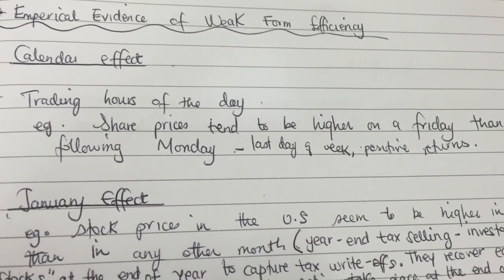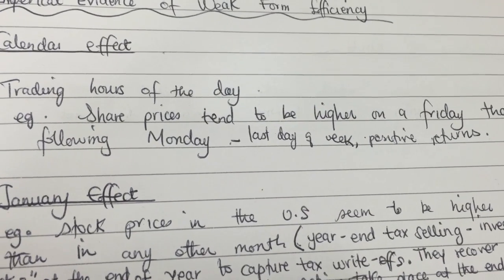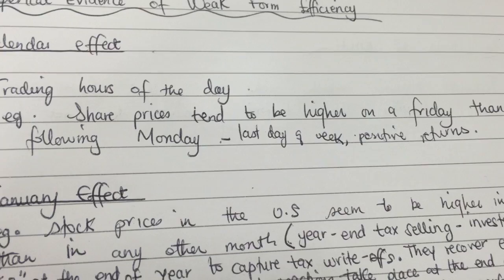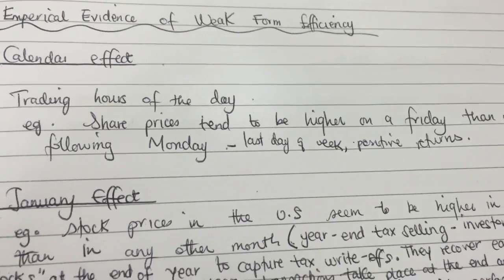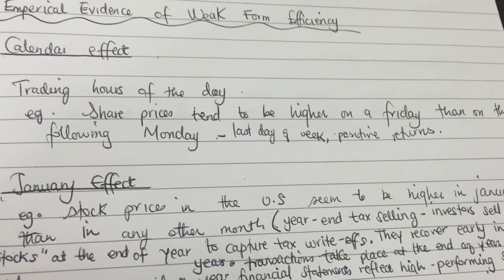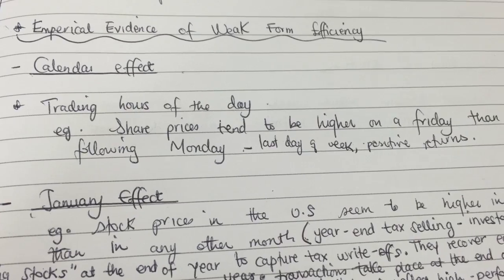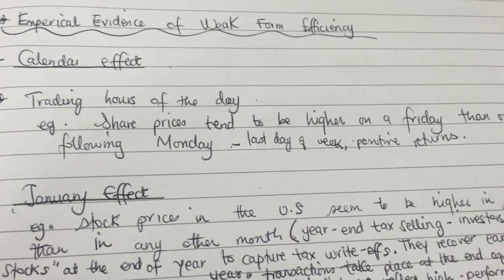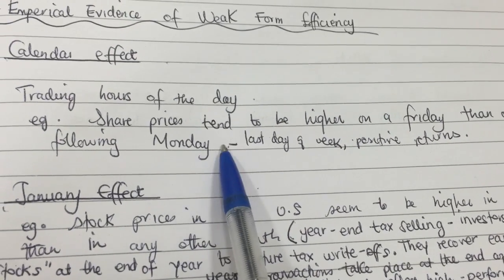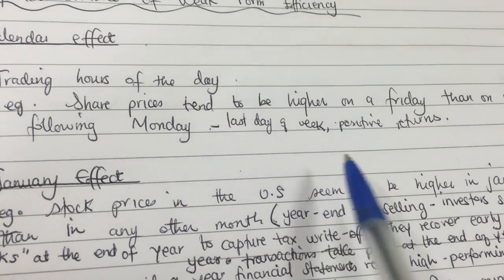So for example, if you see a question like that and she asks you to discuss it, you would know straight away that it is a form of weak form efficiency, because it is showing what has happened on Friday with relation to Monday.